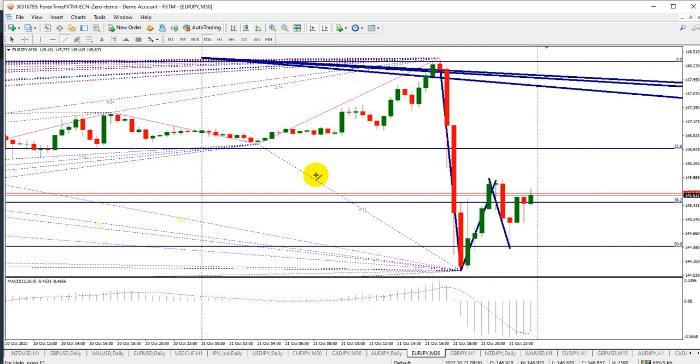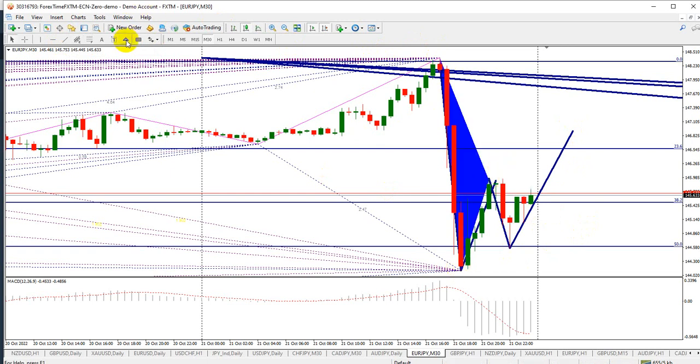So we are looking at something like this. So same thing. Okay, so meaning that price should correct more up.